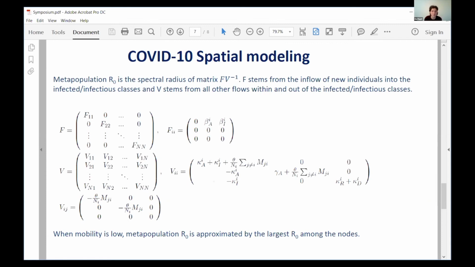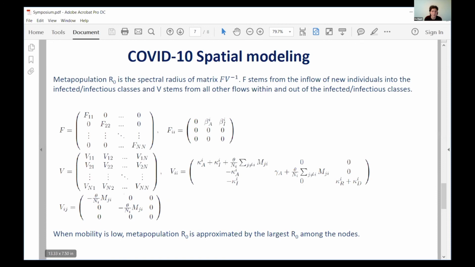But one of the things that we found is that when mobility is low, then the metapopulation R naught can be approximated to a good degree by the largest R naught among the nodes. And that makes also heuristic sense. If you look at these formulas, basically what I'm saying is that when the M_IJs, M_JIs are low, then these parts can be ignored.